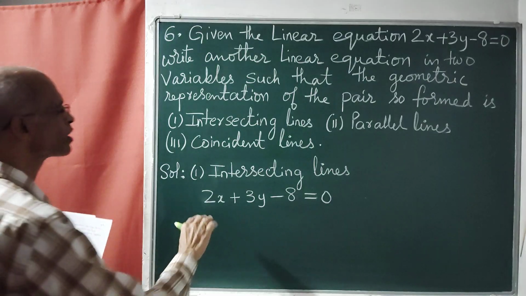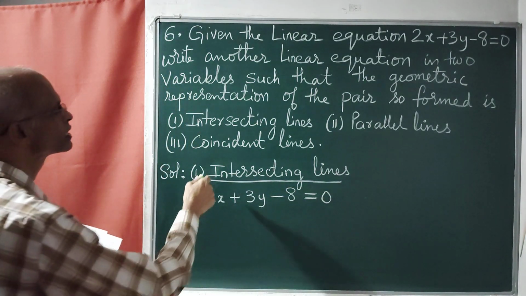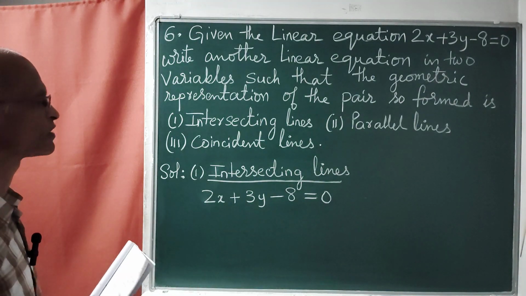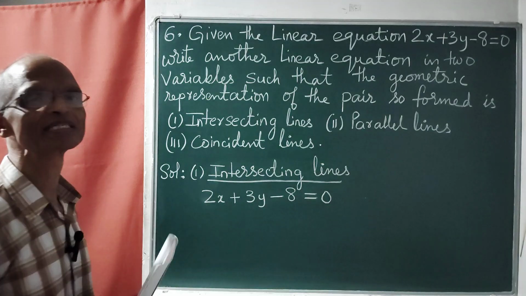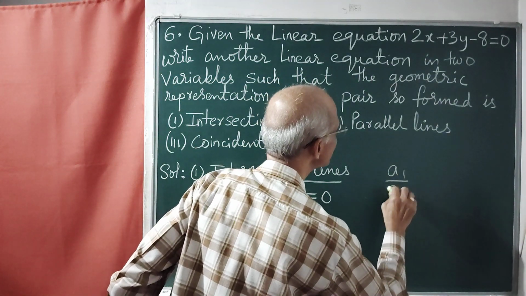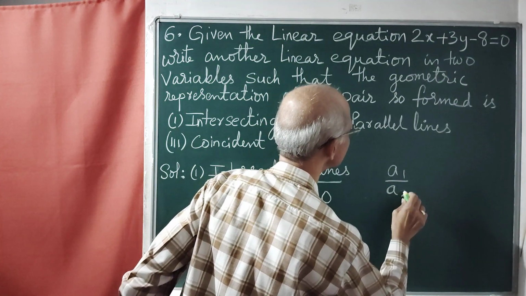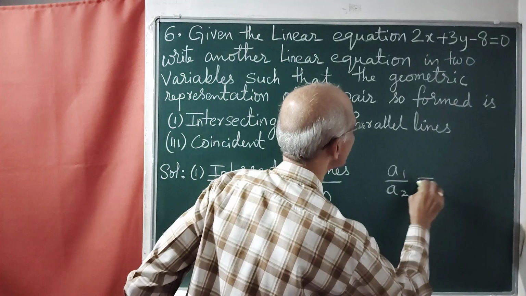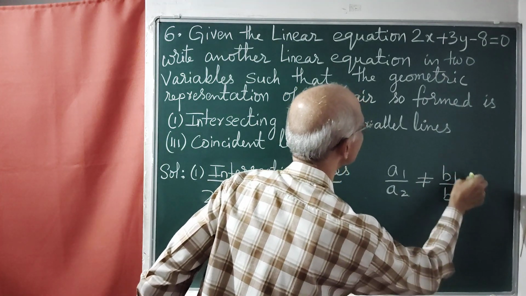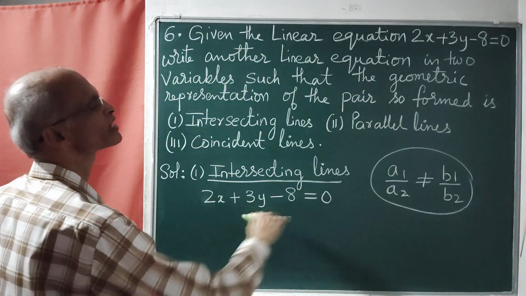Now we have to write one more equation so that the condition will be intersecting lines. For this condition to be satisfied, the ratio has to be like this: a1 by a2 should not be equal to b1 by b2. We have to satisfy this condition and write one more equation here.